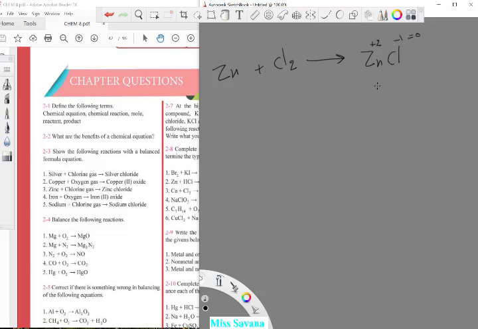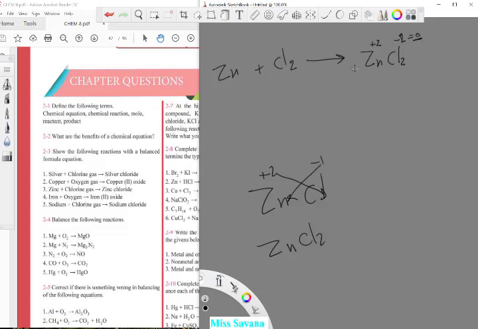So this cannot be true. So you remember from the first chapter, if you have +2 and -1, you do the scissor thing. So the 2 comes here and the 1 comes here. So you will have Zn and Cl2. So this will be 2, so this will be 2, and you will have it equal to 0.